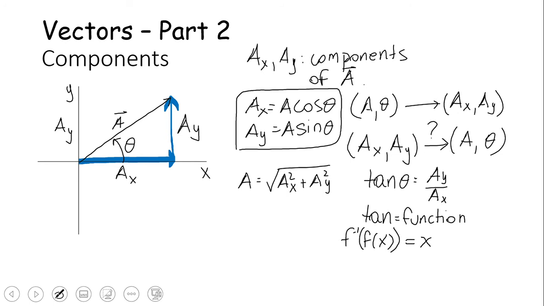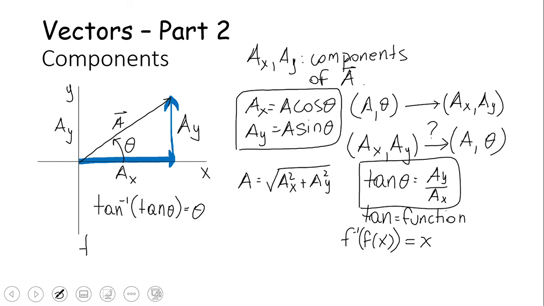Let me write it down to make it clear. If we know the tangent of an angle, we can take the inverse tangent of the tangent of an angle, and that gives us the angle itself. So what does it do to this equation here? Let's write it on the left here. If we take the inverse tangent of this equation here, we get the inverse tangent of the tangent of an angle is equal to the inverse tangent of this ratio here, Ay over Ax.